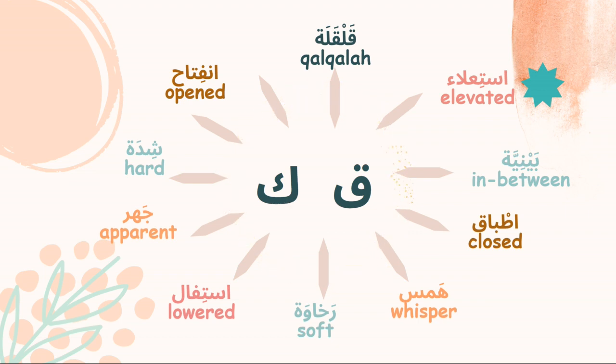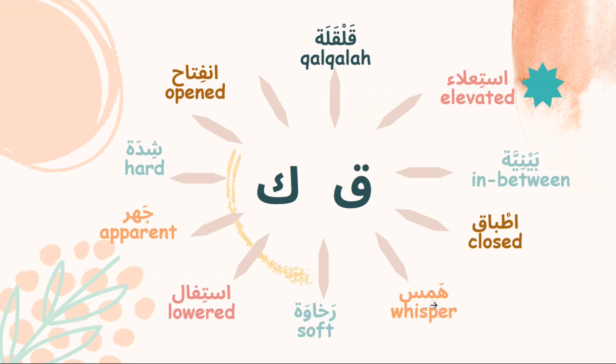Okay? And because they are hard letters, do they have rakhawa? Does the sound run? Of course not. It's either hard or soft. The sound either terminates in the makhraj or runs in the makhraj. So these two letters have a hard character, and so they don't have a soft character.